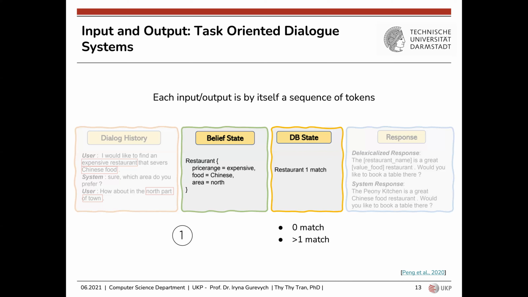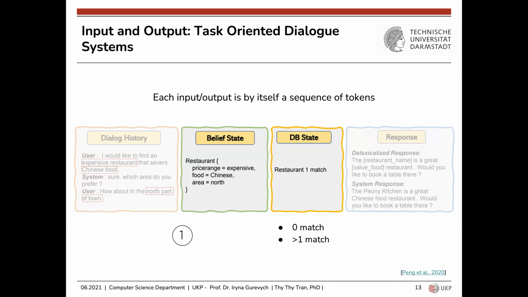So there are 2 other cases of the returned results. One is that no match is found from the database. In this case, the system is expected to suggest different restaurants for the user or ask the user to change some slot value.